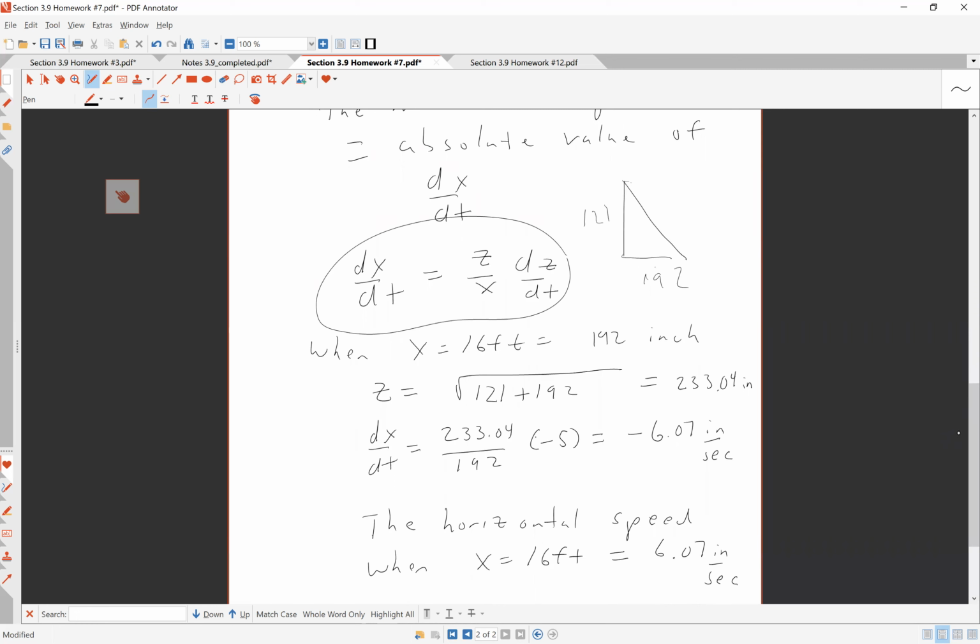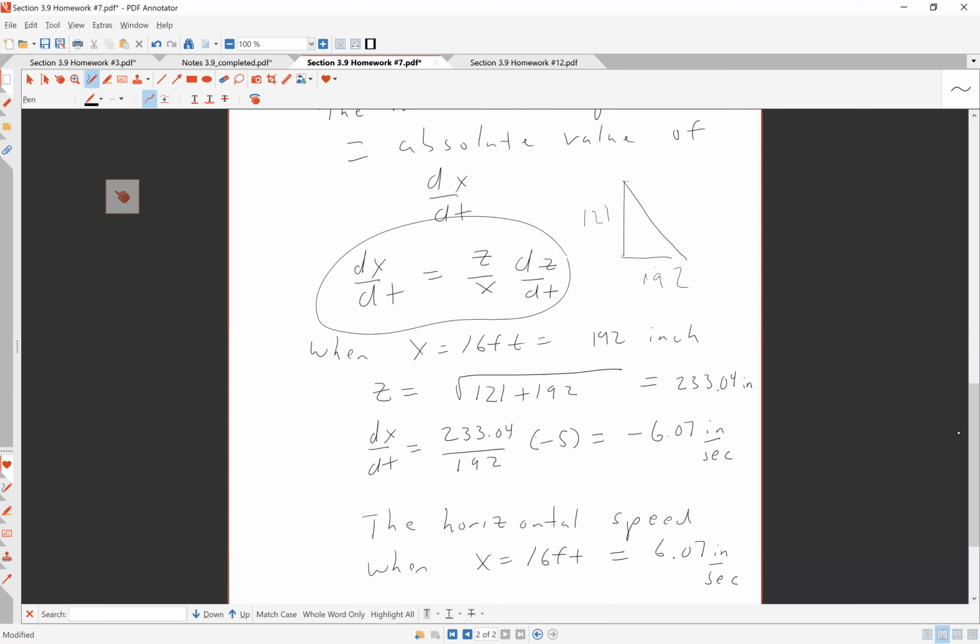You plug this in, and the rate of change of x is 233.04 divided by 192, all in inches, times the rate of change of the line, which is 5 inches per second.